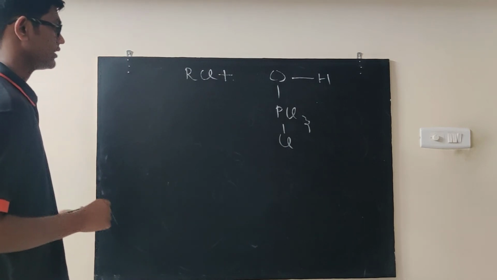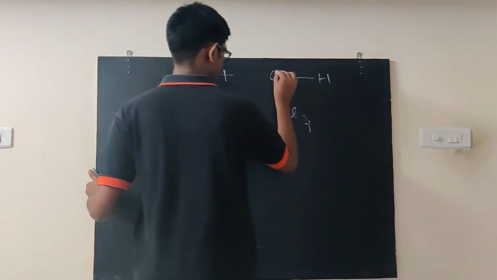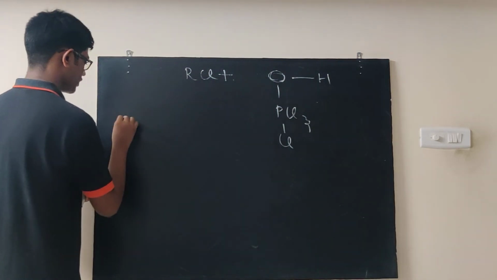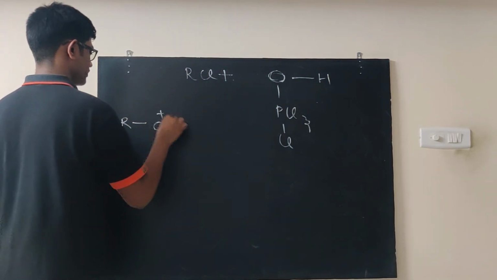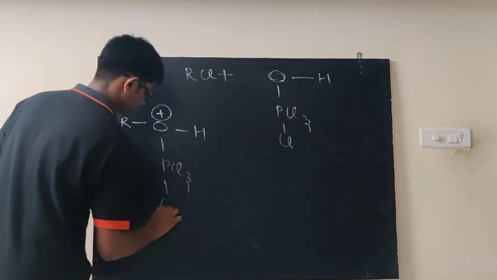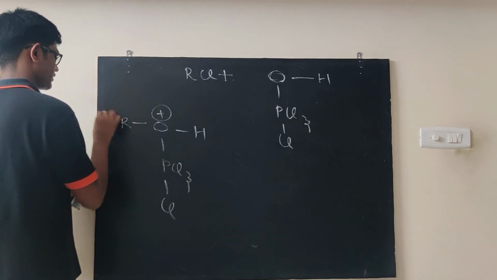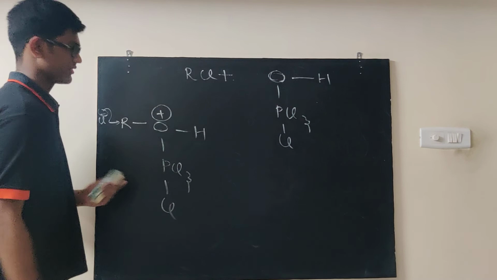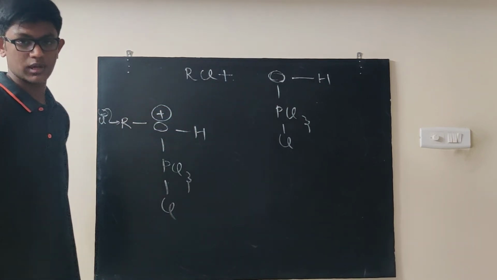And what it does to do that is, remember this step when I took the R, O plus, H, PCl3 chlorine, and the chlorine attacked this guy, and I shifted this bond on top of him. That created a very unstable product.